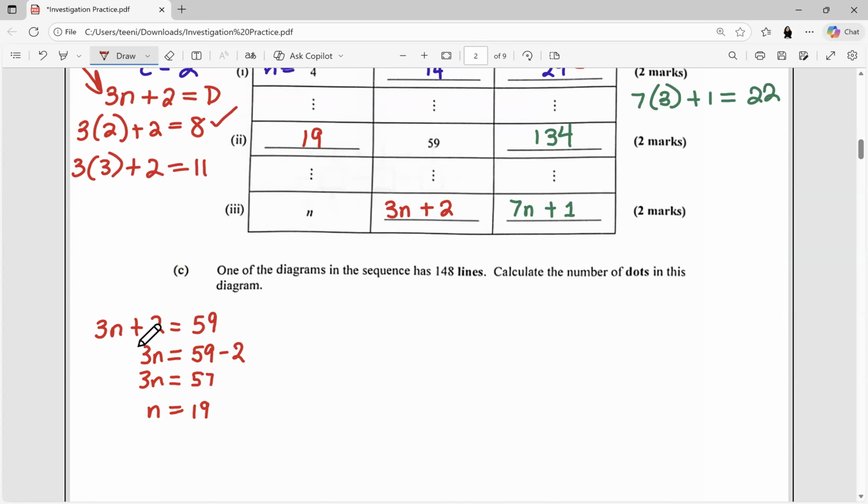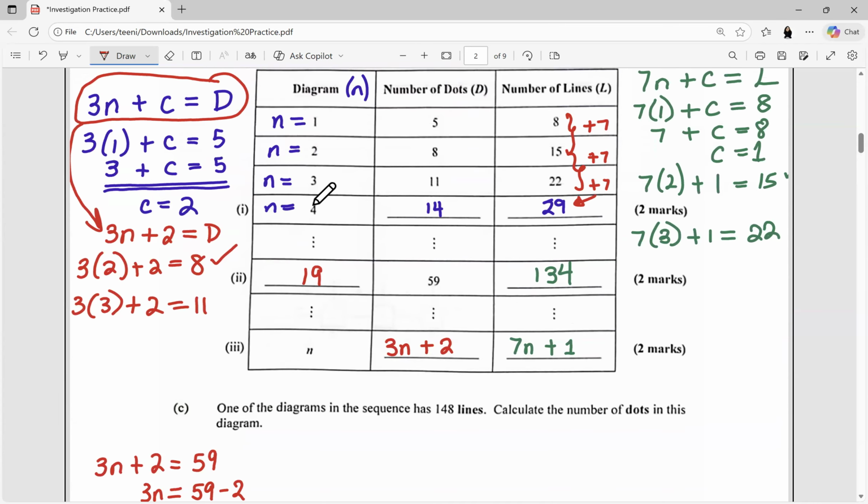So solve for n in this case because n is the diagram number. So 3 times n plus 2 is 59. That means 3n is 59 minus 2, which means 3n is 57. And then 57 divided by 3 is 19. So the diagram that would have 59 dots is the 19th diagram.